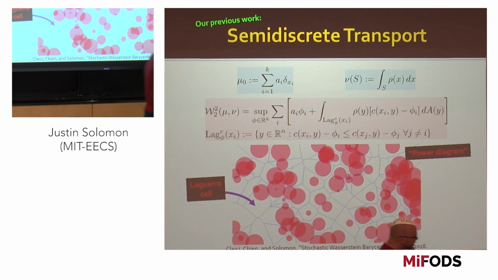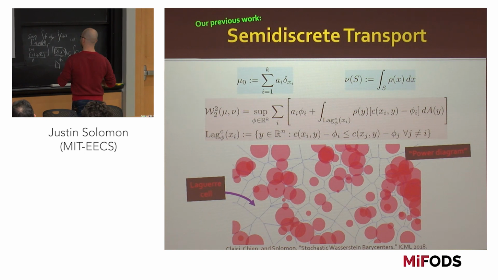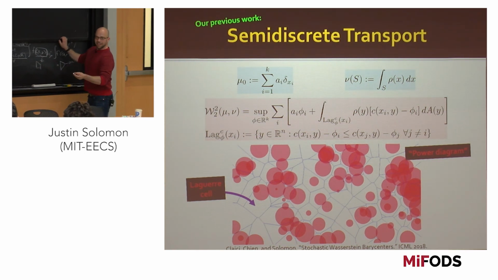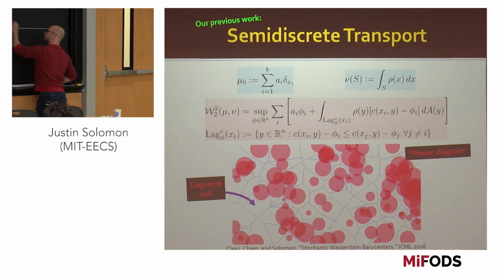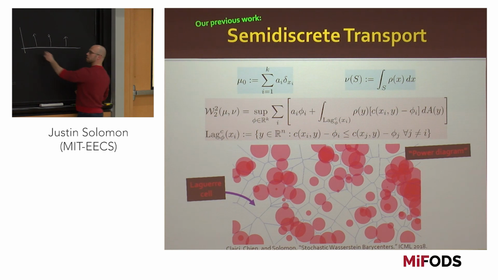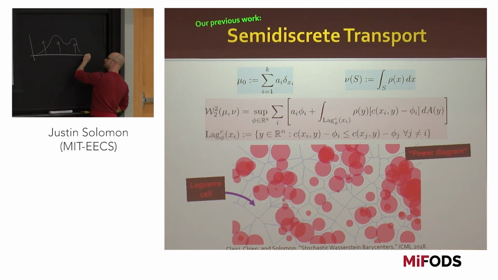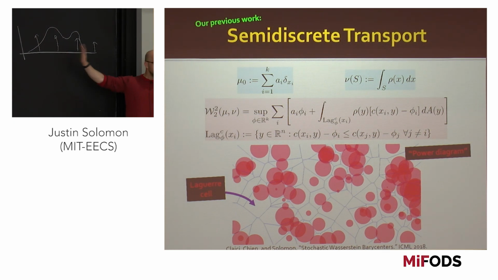So in one dimension, let's say that I'm doing transport between some measure consisting of a finite set of points, and some other measure that I can't say anything about. Maybe it's smooth and has a delta hanging out over there. And I look at the transport map from one into the other.